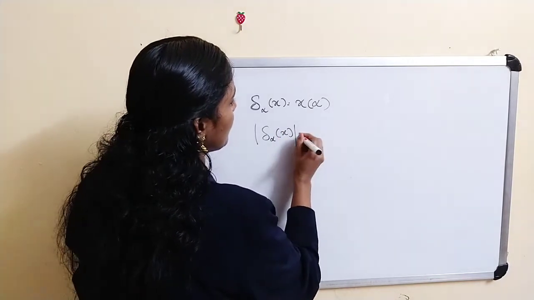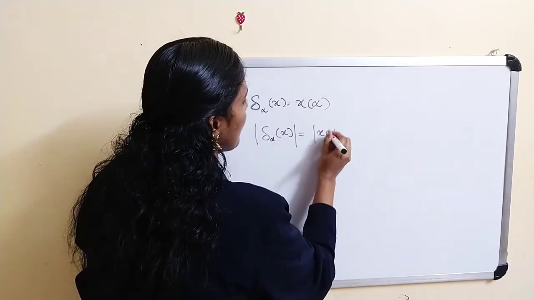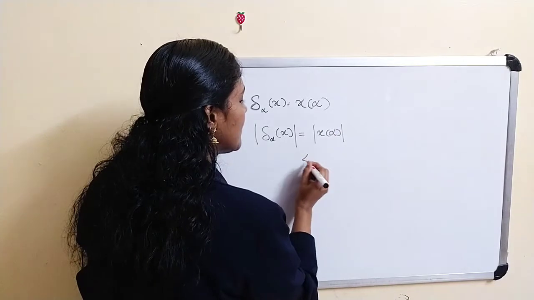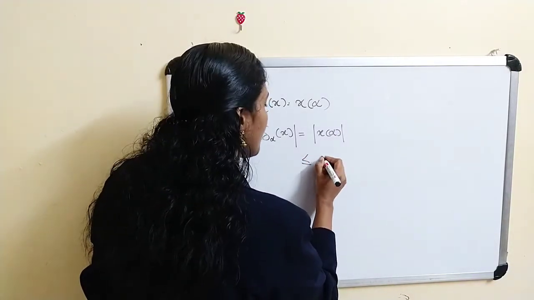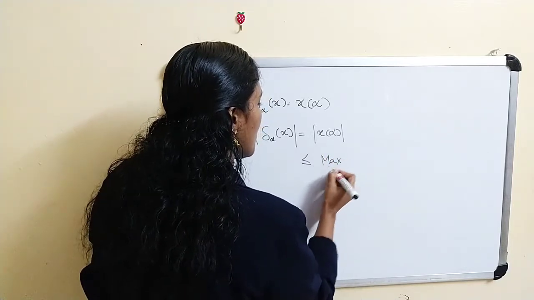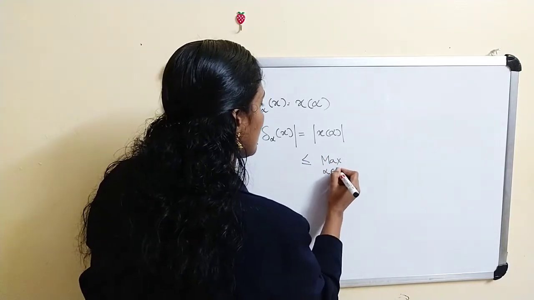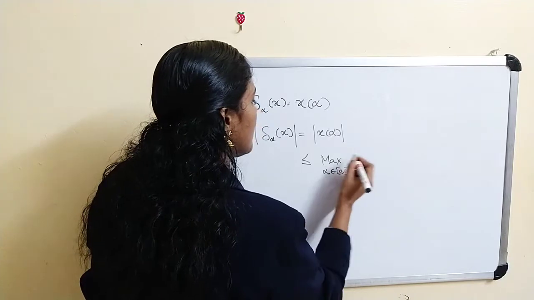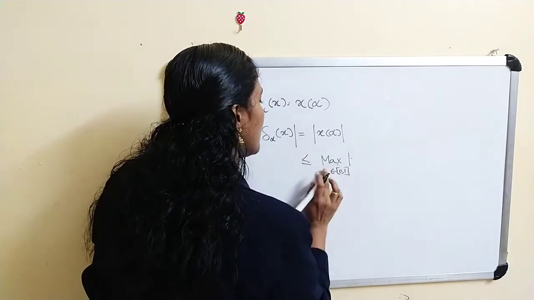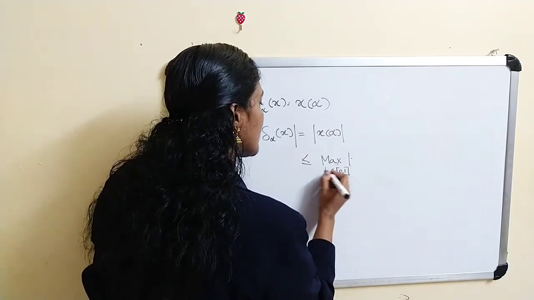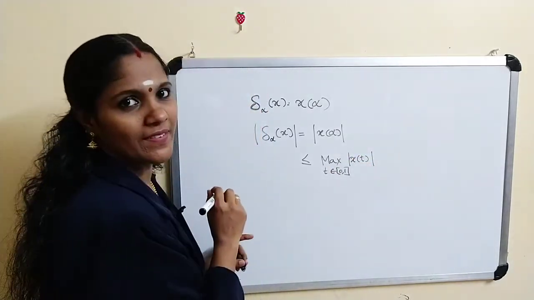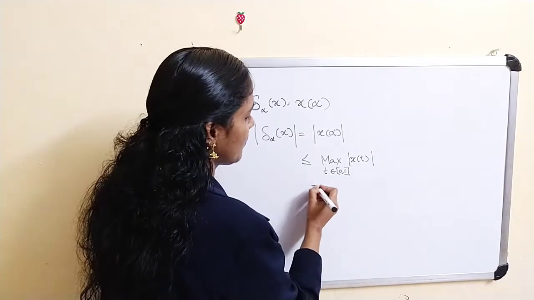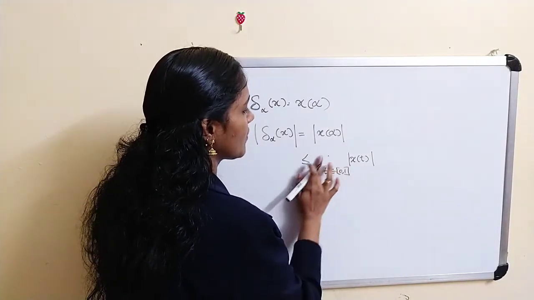This is equal to modulus of x of alpha, and clearly this is less than or equal to the supremum or maximum over alpha belonging to [0,1] of modulus of x(t).